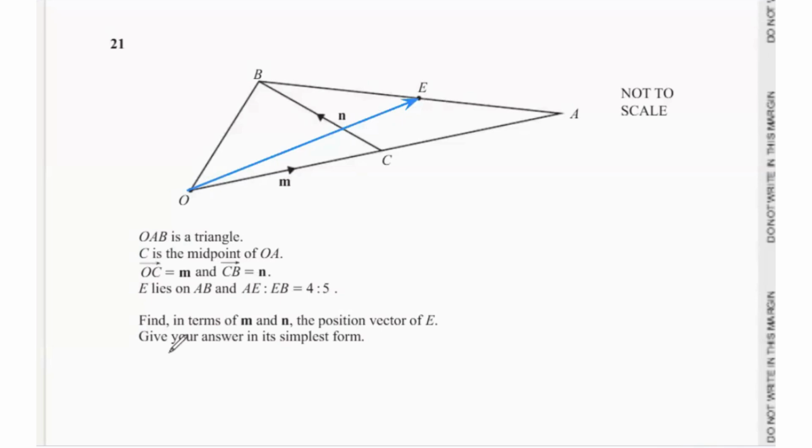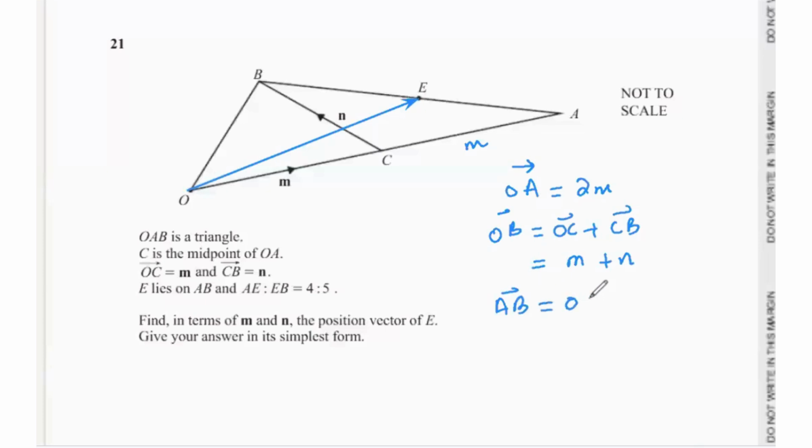If C is the midpoint of OA, that means CA would also be M. So OA would be 2M. We can begin with finding OB. OB would be OC plus CB. OC is M and CB is N. So M plus N is OB. Then I'm going to find AB.